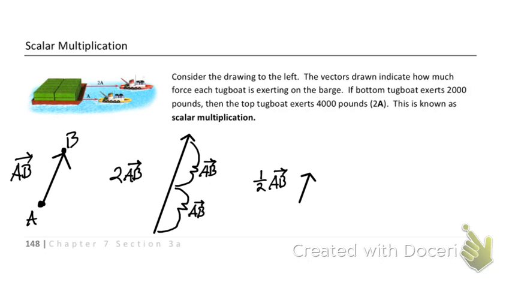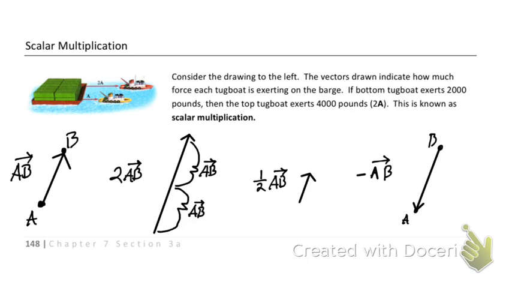And the final thing I'm going to talk about is negative. We can have negative vectors. I can say negative AB. And negative AB is going to be the exact same thing as AB, except it's going to go in the opposite direction. So the line's going to look exactly the same as AB, except now it's going to go down, and A is now going to be on my bottom, and B is the starting point of it.